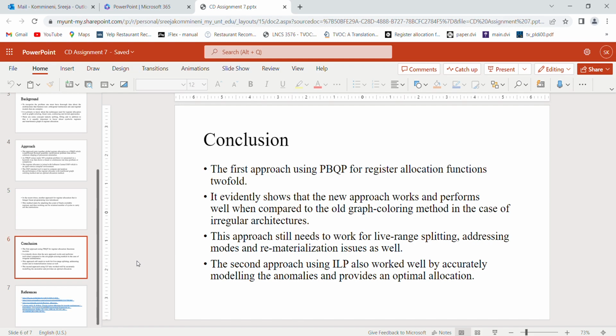Coalescing as an integral part of register assignment yields significant and better results for irregular architectures. The second approach, using ILP, integer linear programming, also worked well by accurately modeling the anomalies or peculiarities, and it provides an optimal allocation as well.